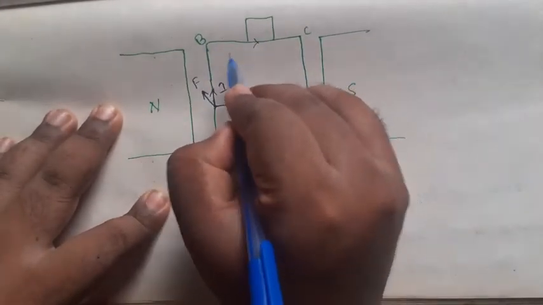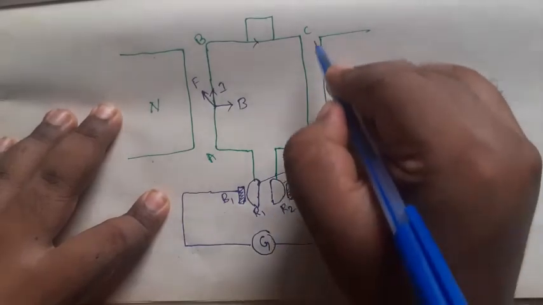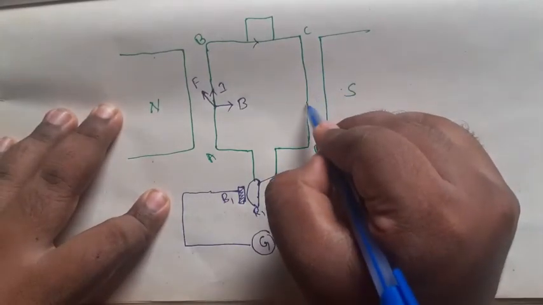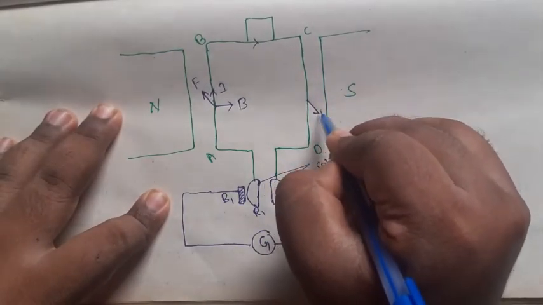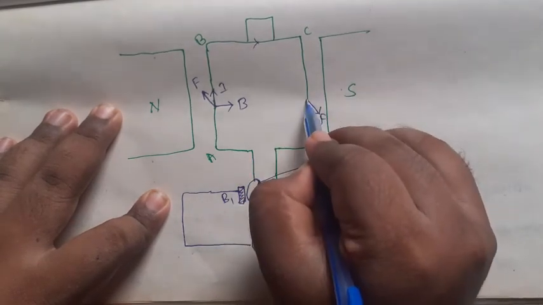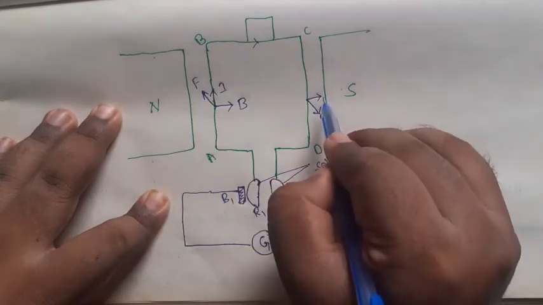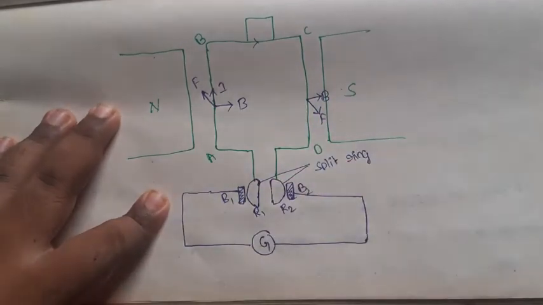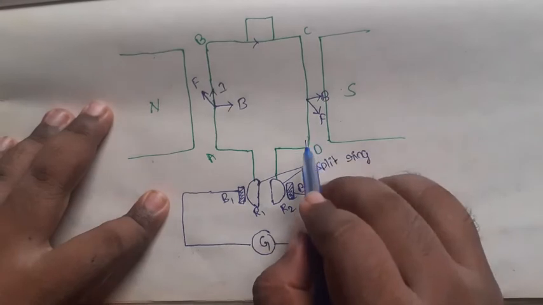Next it travels from B to C. Next, the arm CD moves downward, with the magnetic field from left to right. What about the induced current direction?